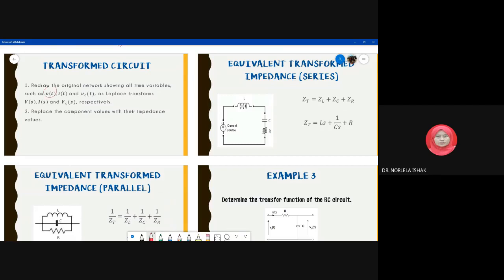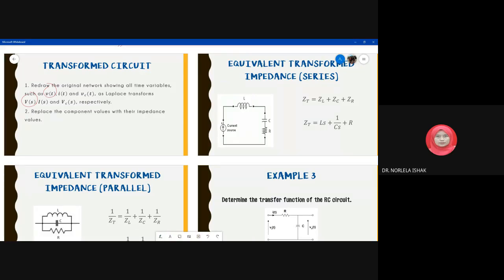This one is based on time. This is in terms of the Laplace transform in the S domain. And then step number 2, replace the component value with their impedance value. That's the easy way to define the transfer function when we use the equivalent transform impedance circuit.